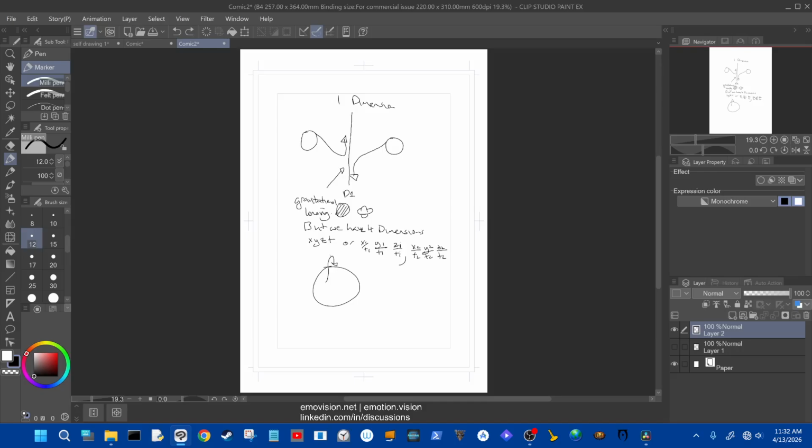So, but yeah, we have 4 dimensions, and I'm just kind of working my way through this stuff as I go. So just bear with me. But the end goal is you're going to have all dimensions mapped, right? So you're going to have time, x, y, z, and this is going to be negative z, negative y, negative x, and this is going to be negative time.